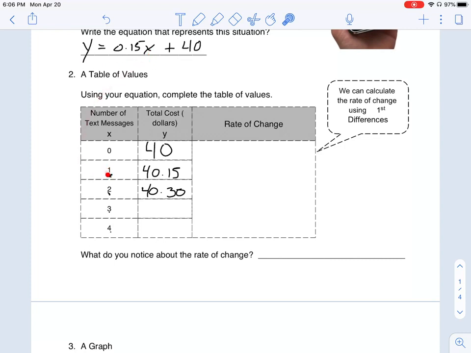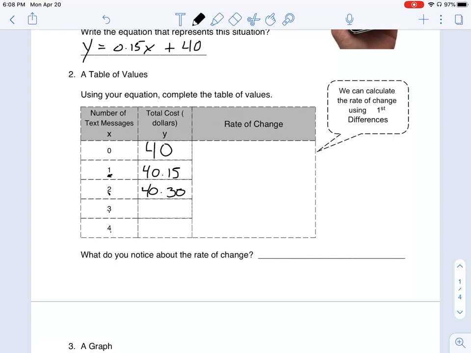When I take the number 1 and plug it in to this x value, 1 times 0.15 is just 0.15. Then I add 40 to it and I get 40.15. When I have two text messages, I plug in 2 to the x value. This becomes 30 cents. 30 cents plus 40 gives me $40.30.